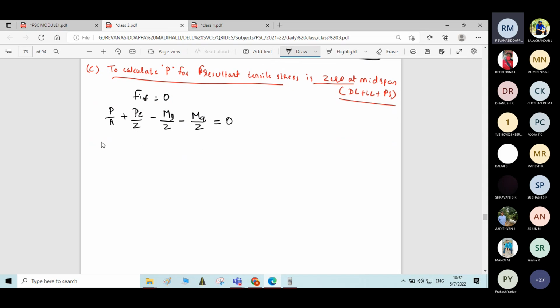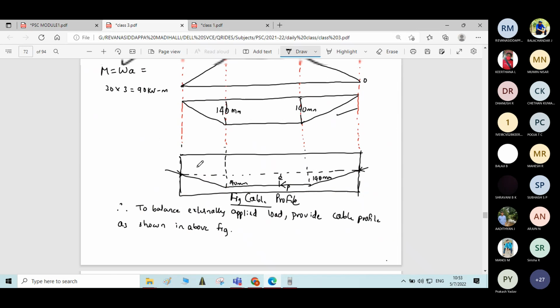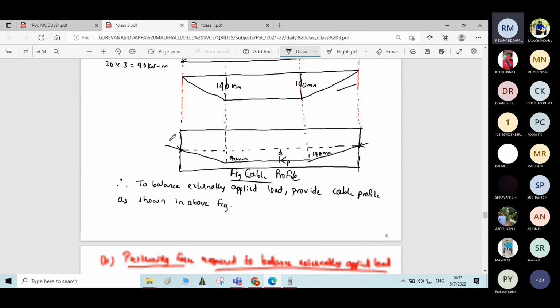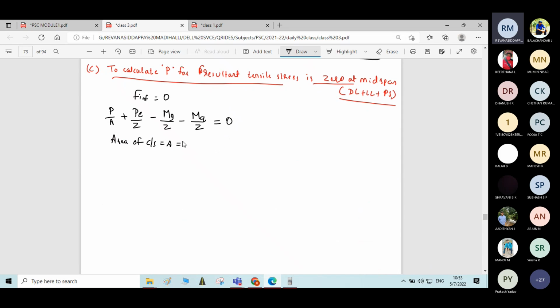Where A is the area of cross section, 400 by 300, which is 120,000 mm square.